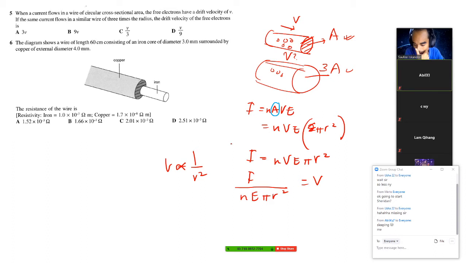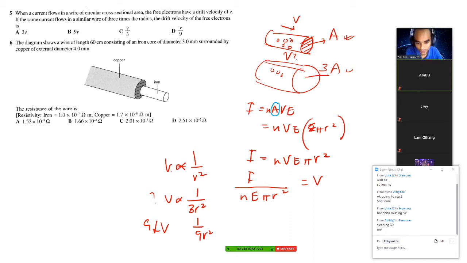So if r is tripled, r times 3, then 1 over 3r squared, what will happen to v? We have 3 squared, which is 9, so 1 over 9 r squared. So v will be smaller by 9.